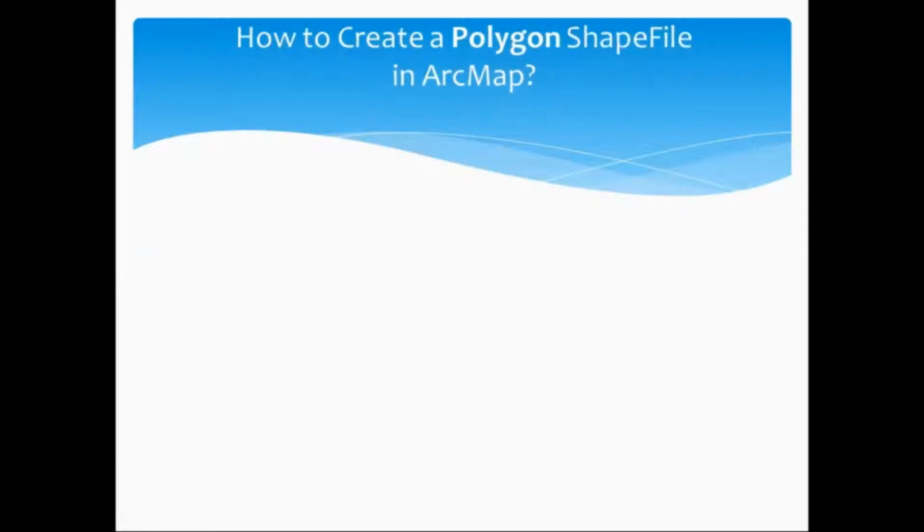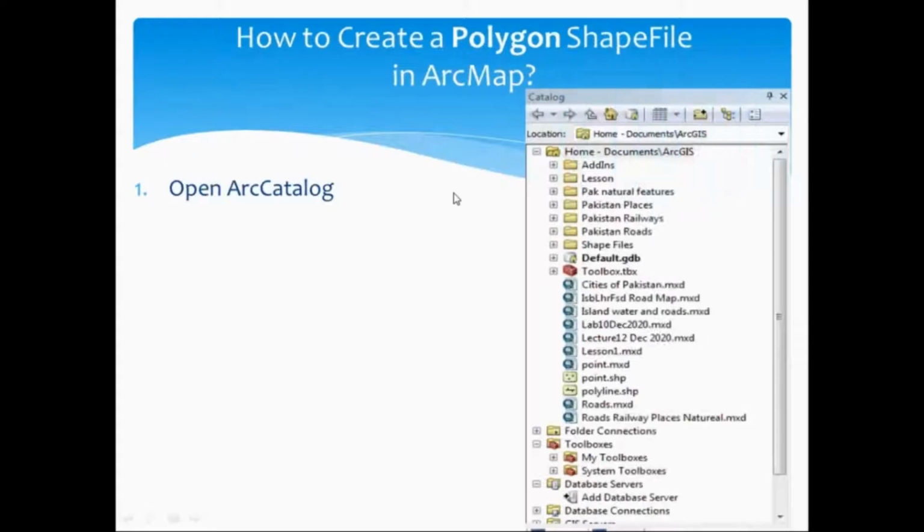In the very first step, you need to open Arc catalog in the ArcGIS software. When you open Arc catalog in the ArcMap software, a window will appear. This one is called the Arc catalog window.